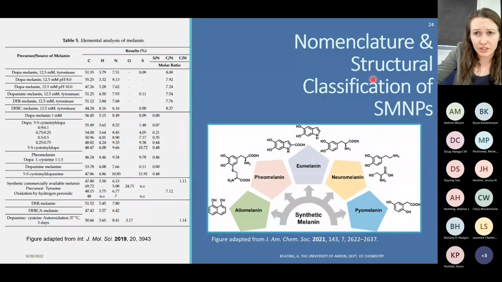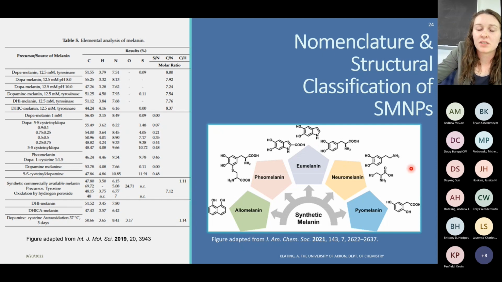The nomenclature and structural classification of these synthetic melanin nanoparticles can be split up based on monomers. They are thought to be derived from catechol or catecholamine containing species, in addition to cysteine, dihydroxyphenylalanine or L-DOPA, as well as dihydroxynaphthalene.